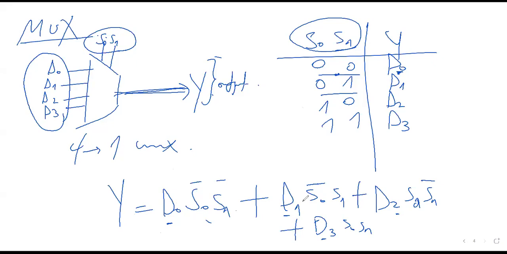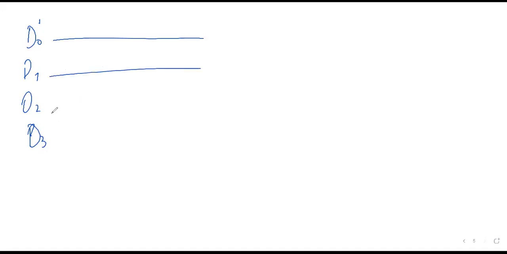How do I draw the logic diagram for that? Logic diagram. I have my inputs D0, D1, D2, D3.